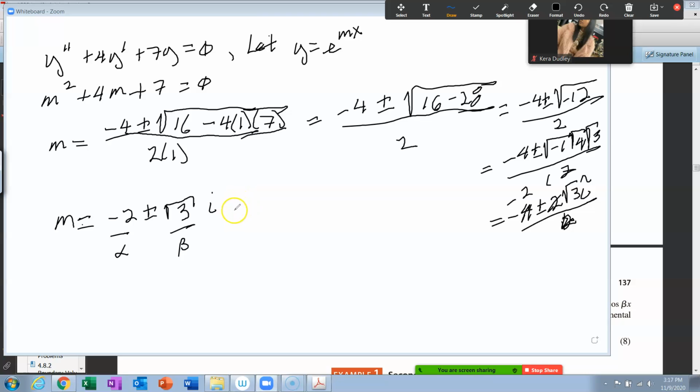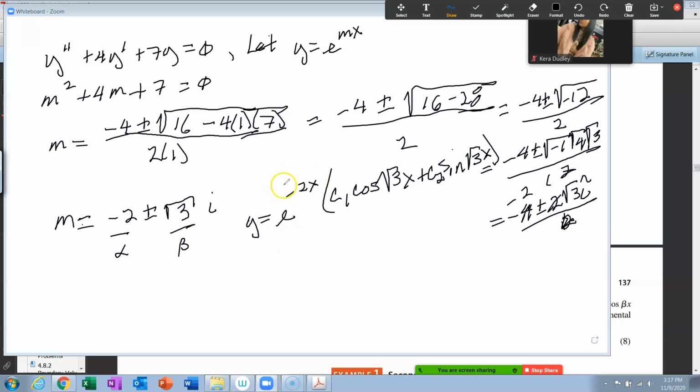Okay? So we write this as y is equal to e to the minus 2x, that's the alpha here, times c1 cosine beta x, that beta is the square root of 3, plus c2 times the sine of the square root of 3x. Okay, that's our answer.